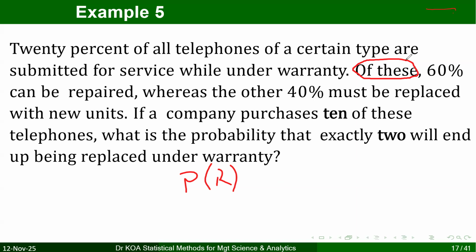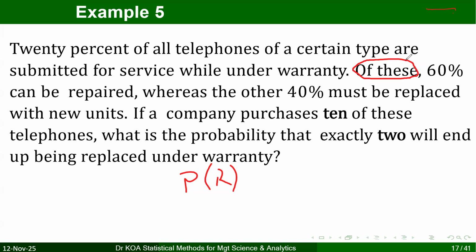40 replaced. So if I actually want to know those that will be replaced, I need to know those that have been submitted first. Do you agree with that? Now, which means that the probability of being replaced is conditioned on the probability of being submitted. Do you agree with that?